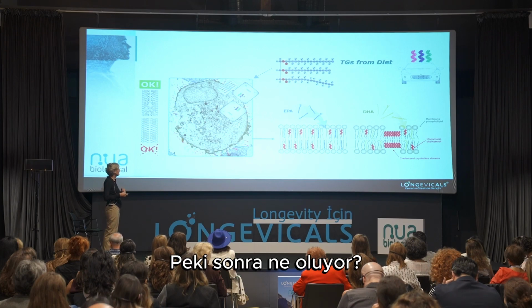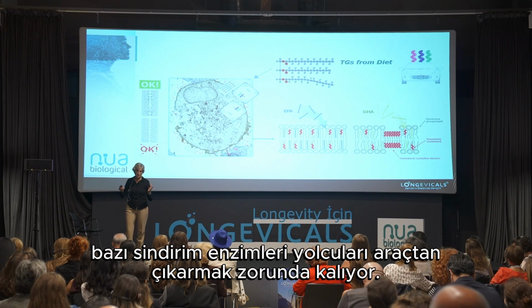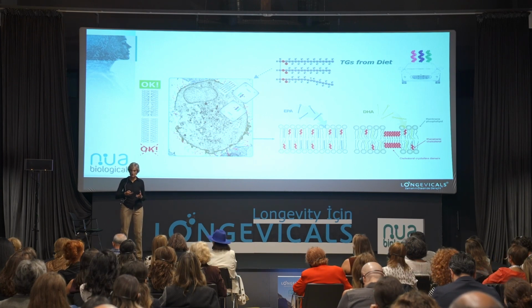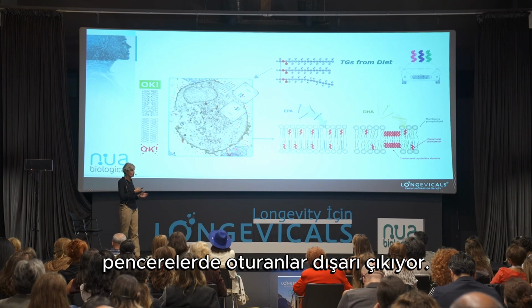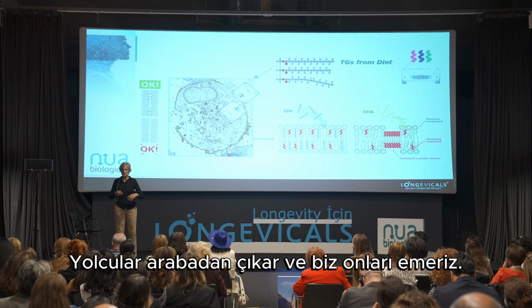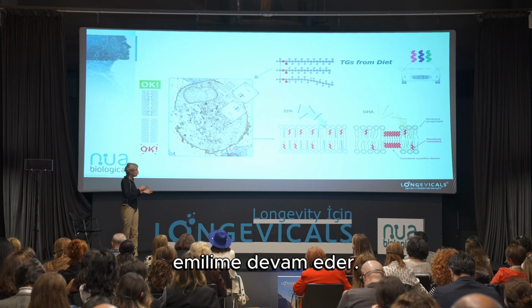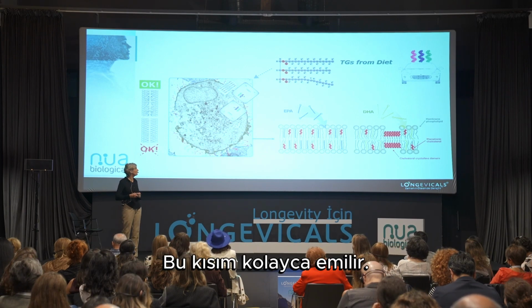During the digestive process, our digestive enzymes have to take the passengers out of the car. In fact, they take the 2 passengers, the one in this window and in this window, out of the car, and we absorb them. Then the car with the middle passenger goes in as well. There's no need to separate that one. That seems to go easily inside.